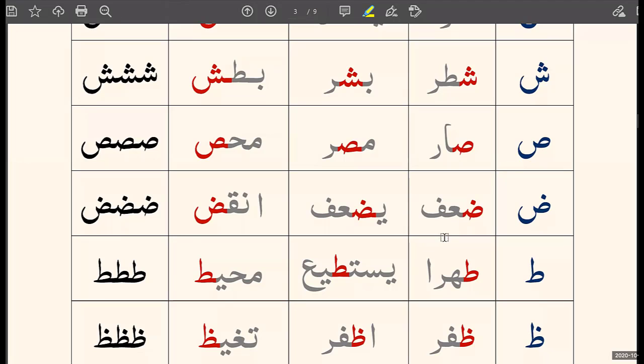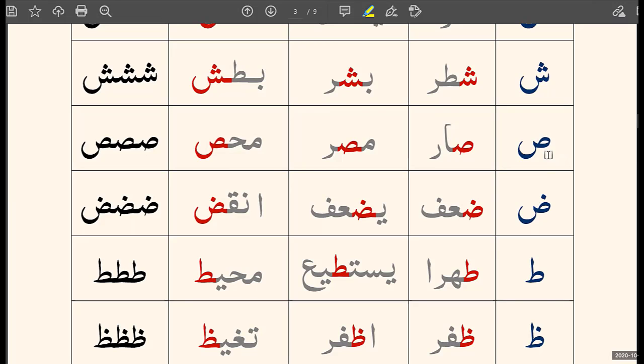Participants and students, please note that you are reading each letter separately. Different shapes have been given in columns number 2, 3, and 4, apart from the first column, which is the isolated form of a letter. These letters also appear in the Quran in the beginning of 29 chapters.